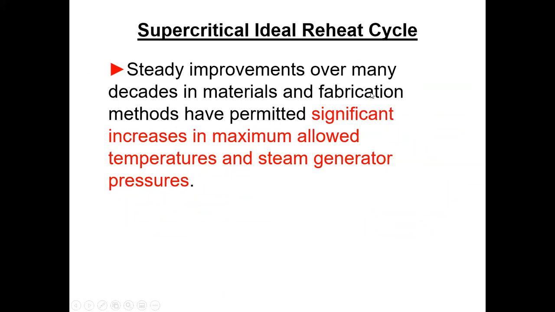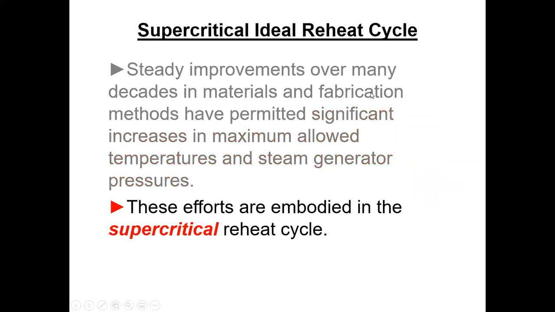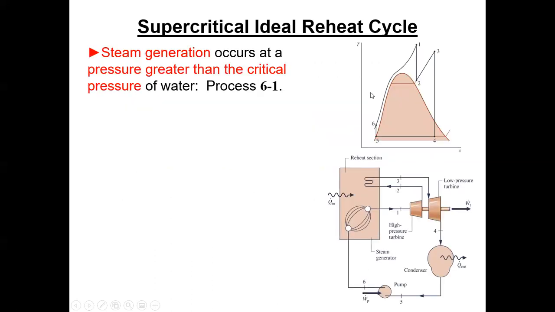Steady improvements over many decades in materials and fabrication methods have permitted significant increases in maximum allowed temperatures and steam generator pressures. So the old mantra for years and years: make it hotter and increase the pressure and you get more efficiency out of the unit, so long as it doesn't destroy itself. So it's materials. These efforts are embodied in the supercritical reheat cycle. And so here you go. Look at this one.